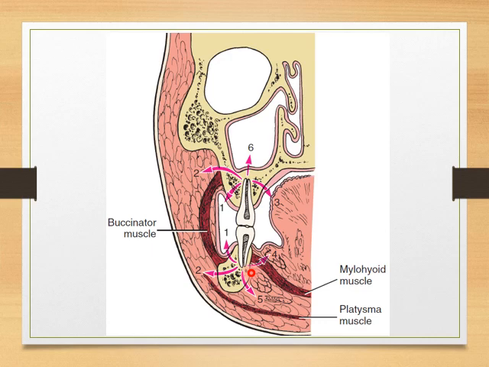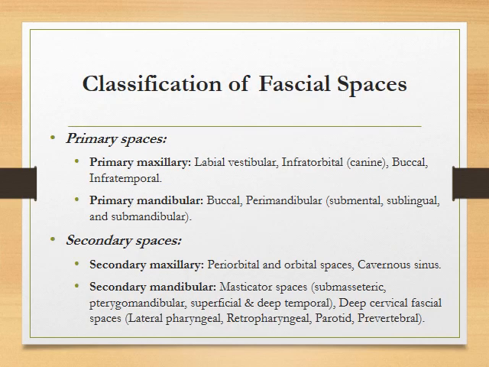Primary spaces are spaces involved directly by the infection from the oral cavity, like infection spread from a maxillary molar to the buccal space. This is a direct route. Or infection spread from the mandibular third molar to the submandibular space. This is also a direct route.